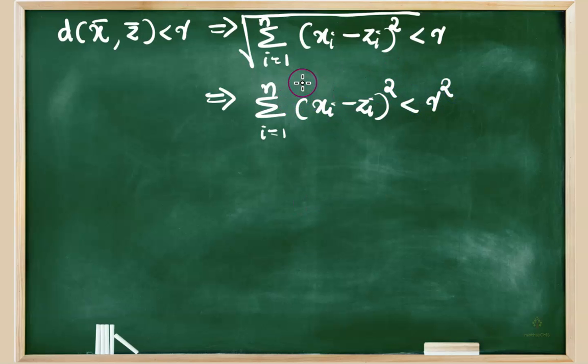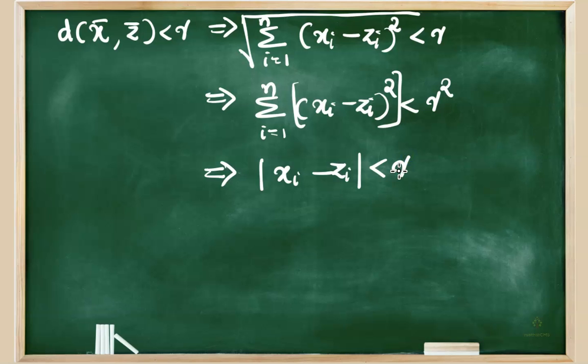Since we have considered only the squares of the differences xi minus zi in this sum, and we have obtained that this sum is definitely less than r square, this should imply that the distance |xi minus zi| must be strictly less than r.